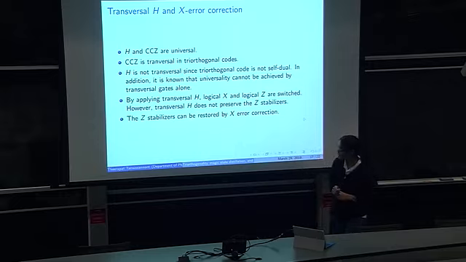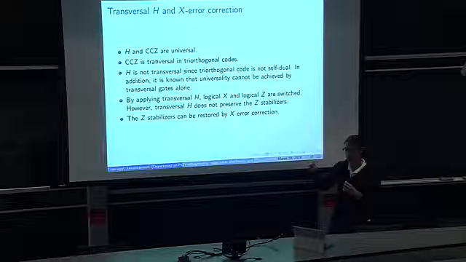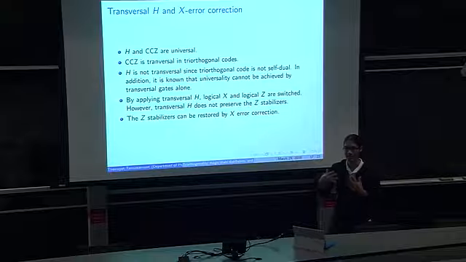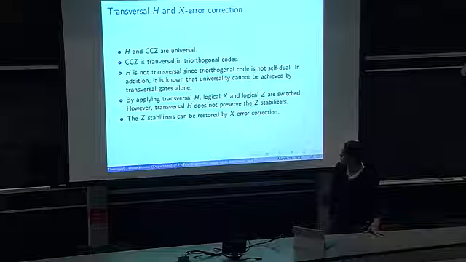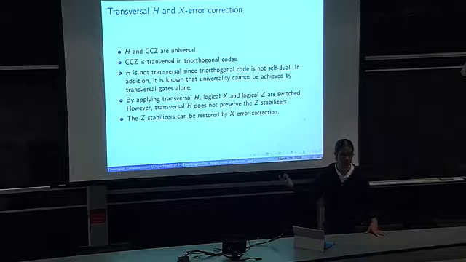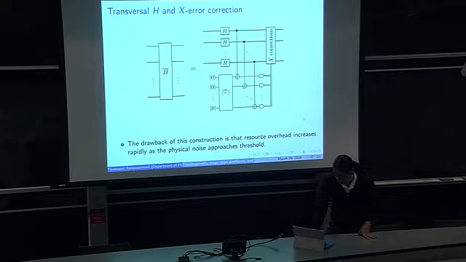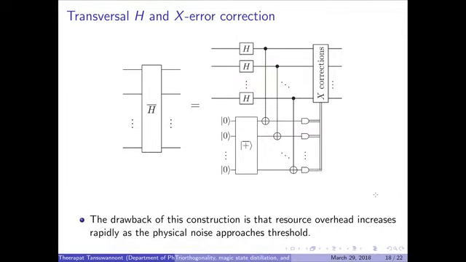But there are some Z stabilizers, from the fact that we have to fix the 6 gauge qubits, that are not preserved by the transversal H. So we will use the X error correction to map these stabilizers back to the coding space.